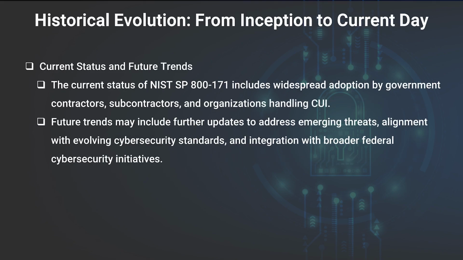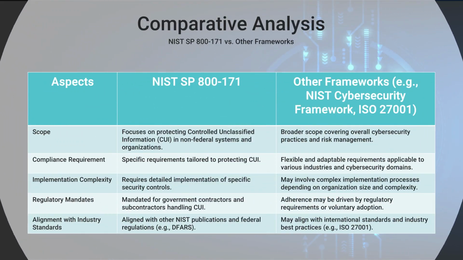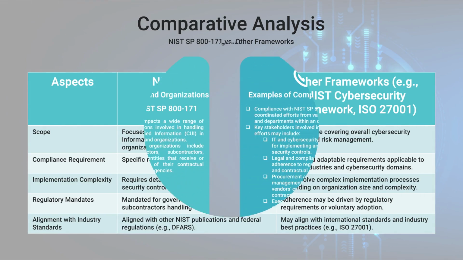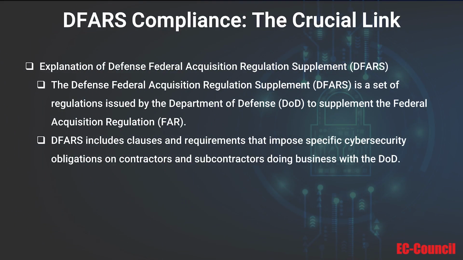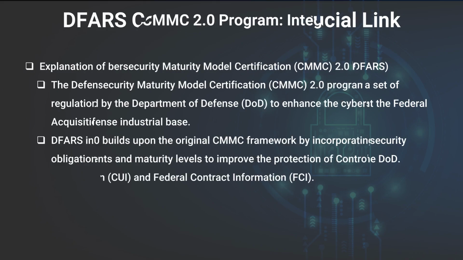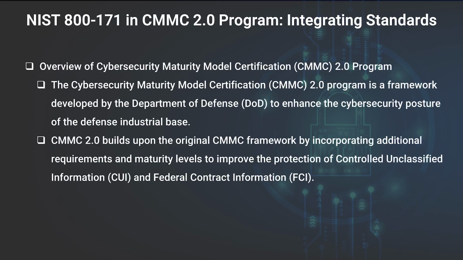We will talk about the historic evolution from inception to current days, and do a comparative analysis of NIST SP 800-171 with other frameworks. We will look into the target audience, the roles and organizational impact. We will check the crucial link with DFARS compliance. And lastly, we will look into NIST SP 800-171 and its integration with the CMMC 2.0 program.